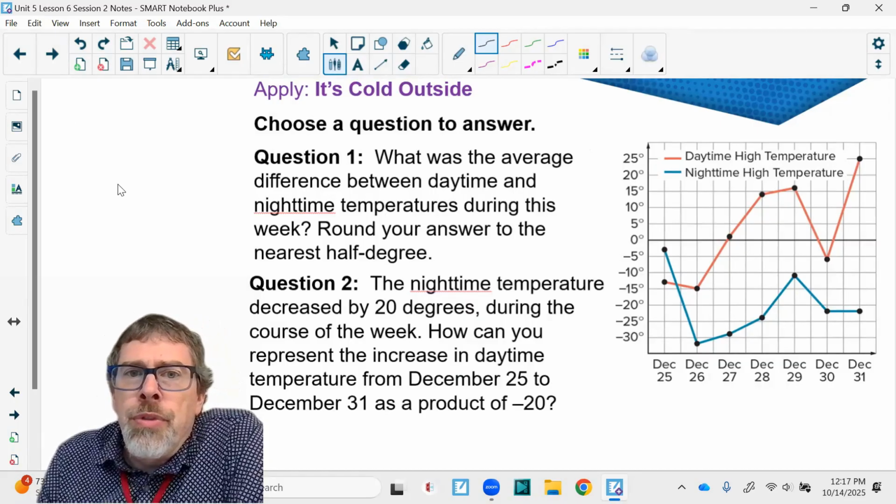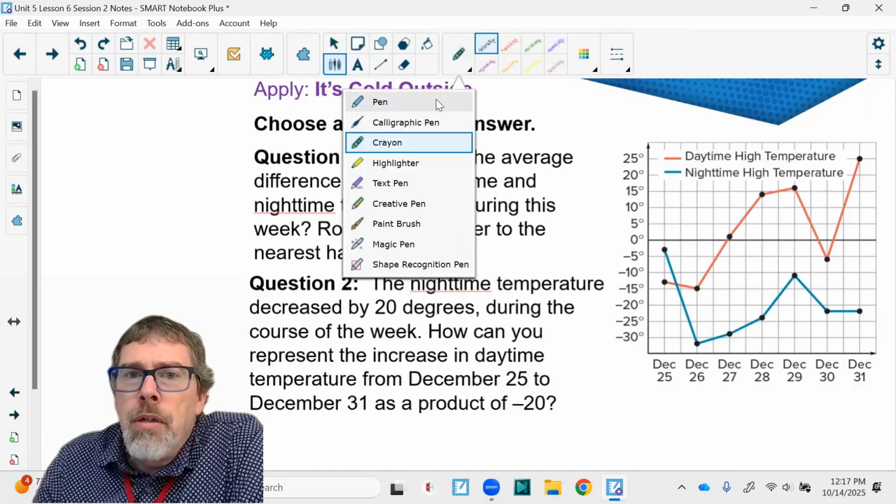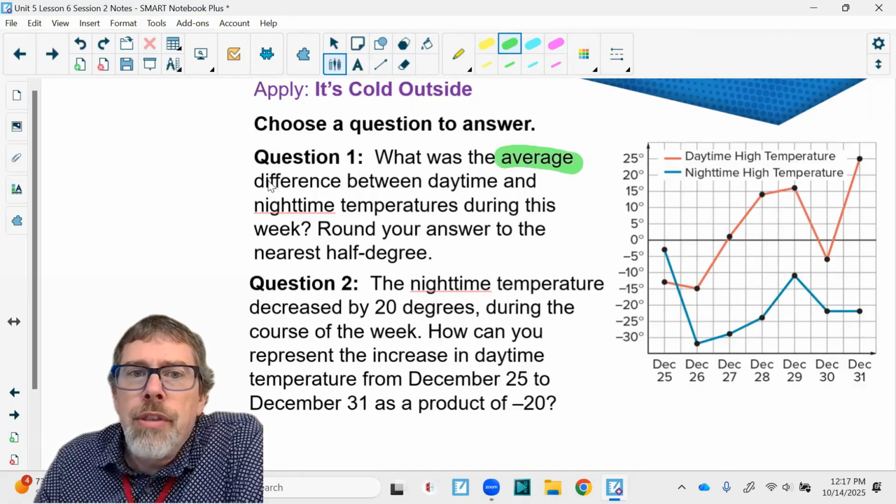So it says choose a question to answer. What was the average difference between daytime and nighttime temperatures during the week? So in this problem here, we have to do averages. Average difference. Okay.